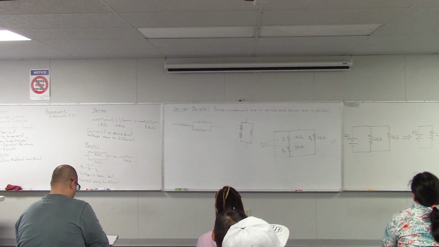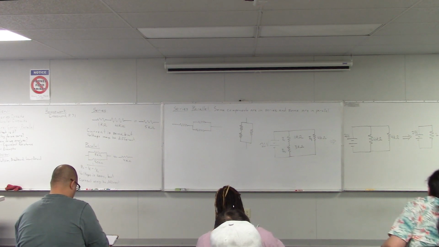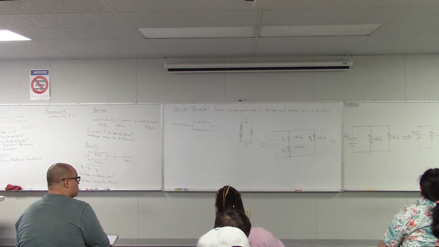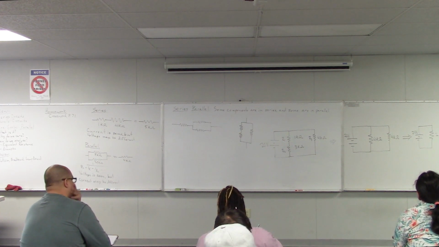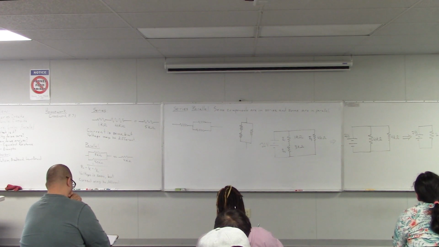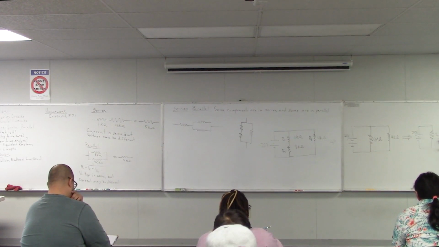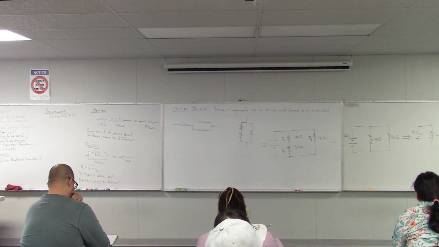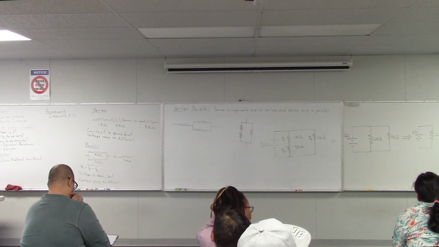And then also the current for R1, R2, and R3. So we know what the total resistance is. We just calculated that. That's the 2 kilo ohms. So our equivalent resistance for the entire circuit is 2 kilo ohms.